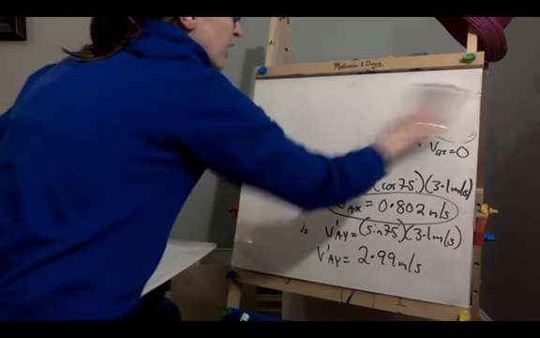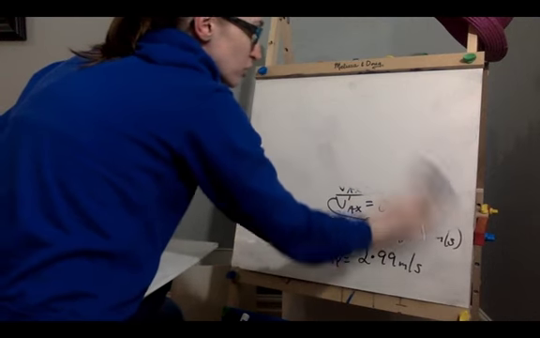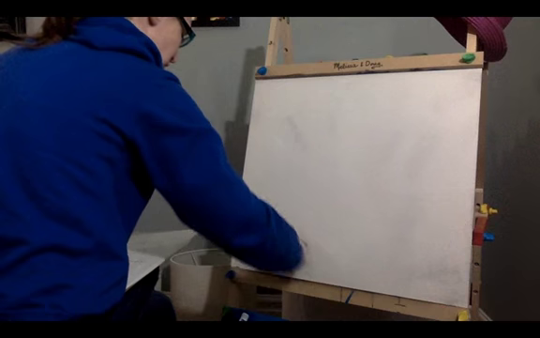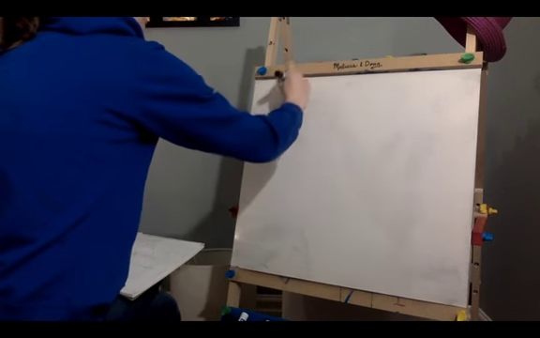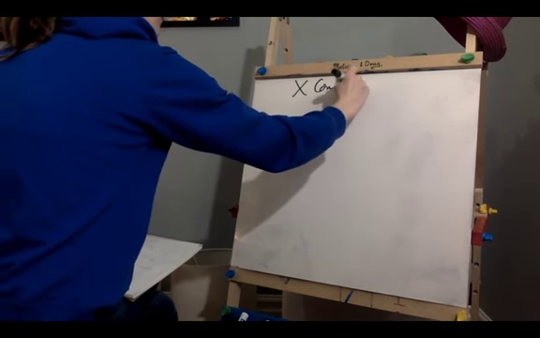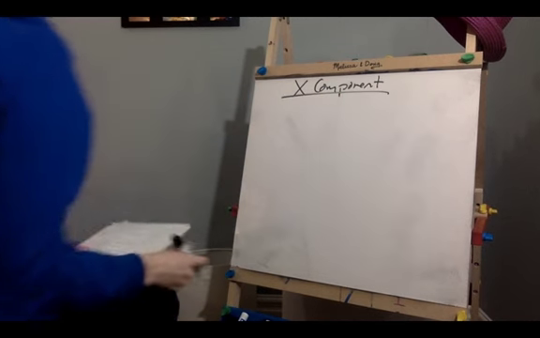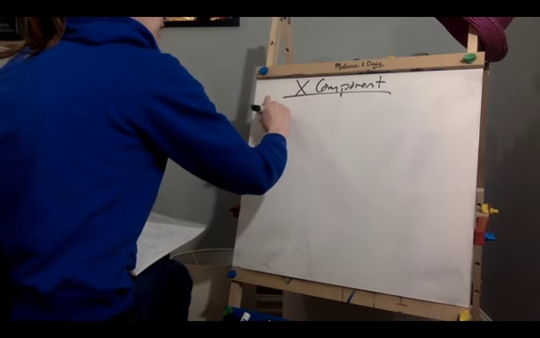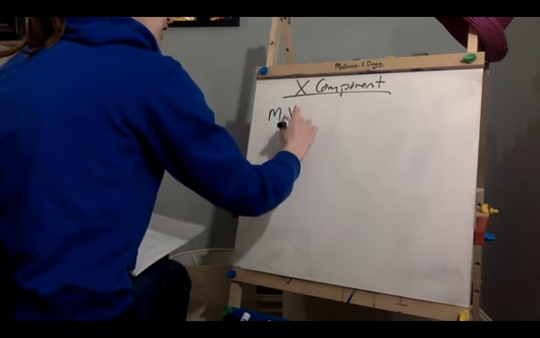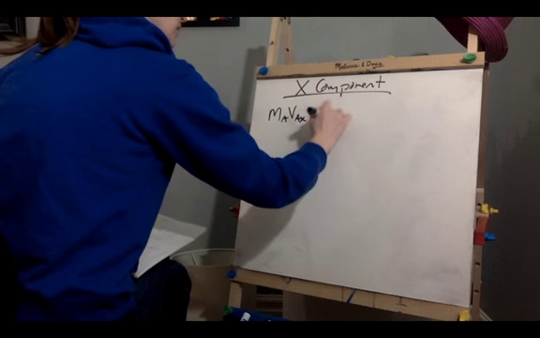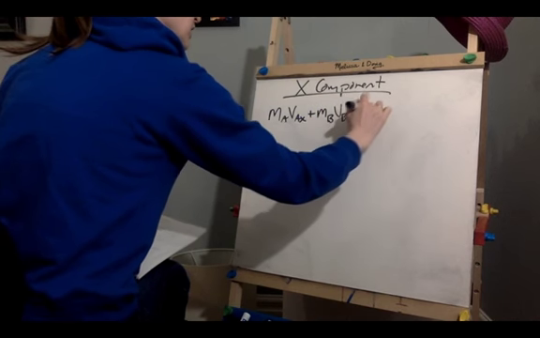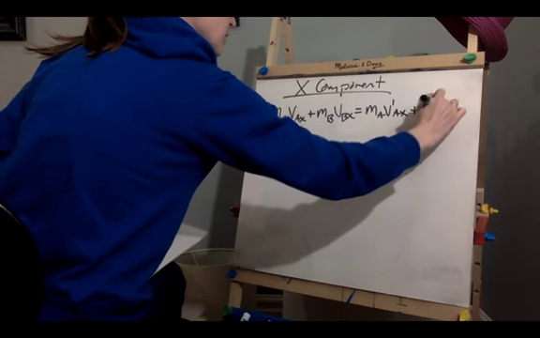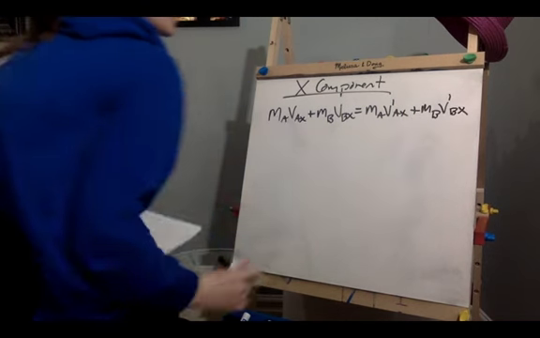Again, we're looking at it in two dimensions, so we look at each of its component parts. We'll start with what's going on in the x. We set up our law of conservation of momentum in the x-axis: MA VA x plus MB VBX is equal to MA V prime AX plus MB V prime BX.